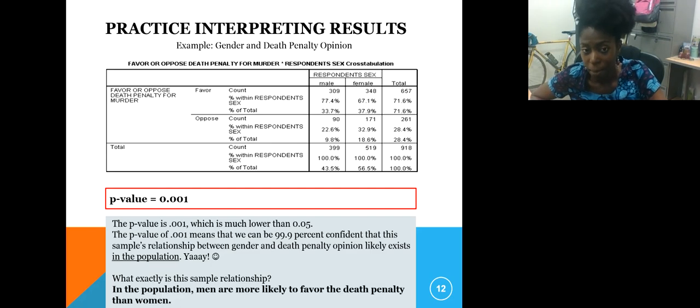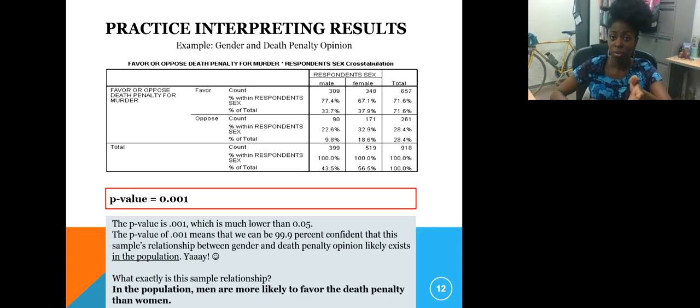We're seeing that men favor more than they oppose, and that women favor more than they oppose. 77% favor, 22% oppose. 67% favor, 33% oppose.